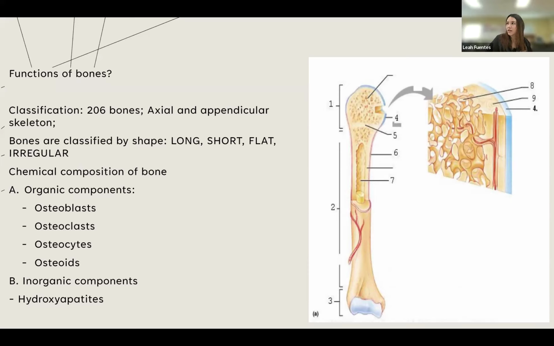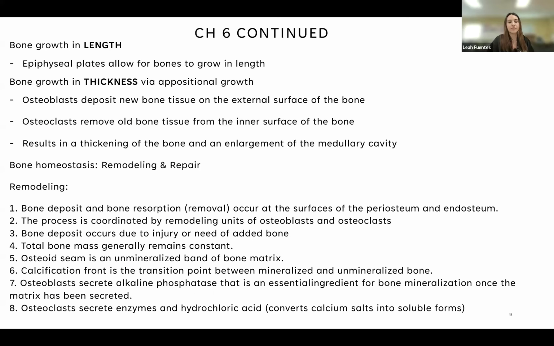You can also see it on that compact bone model back there. Here's that periosteum. And then the process is coordinated by remodeling units of osteoblasts and osteoclasts. I have a really bad habit of just saying blasts and clasts, but you are going to want to make sure you add osteo to the front of it.